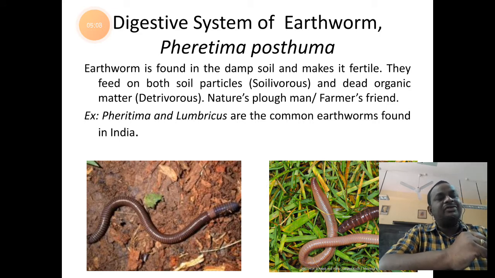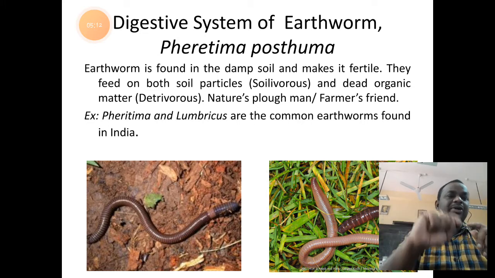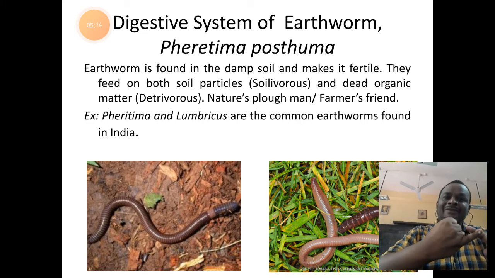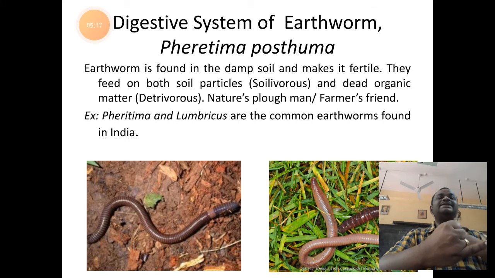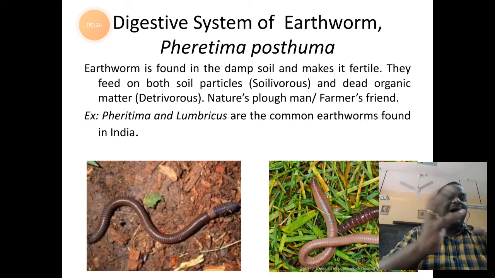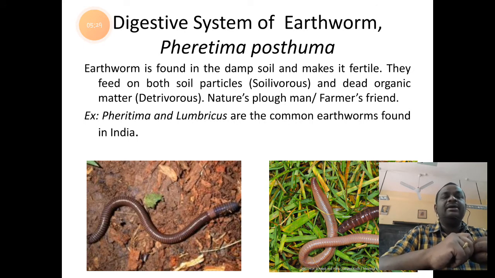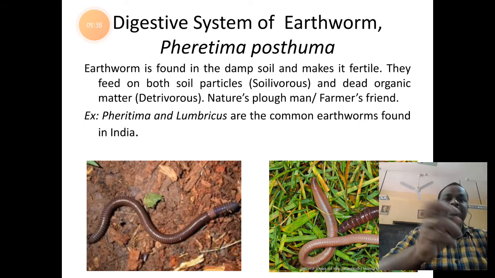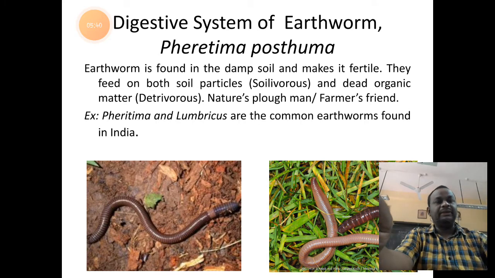And since it feeds on the dead organic matter, it is called detritivorous. So, since it feeds on soil, we call it soilivorous, and since it feeds on dead organic matter compounds, we call it detritivorous. After it takes in this food, it will digest it and throw out the fine paste in the form of castings, which is nothing but the undigested food of the digestive system.